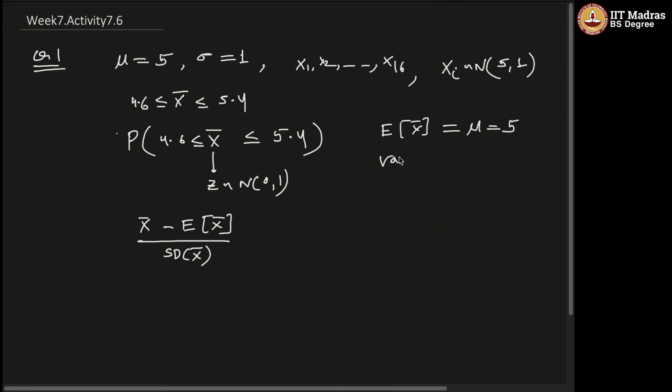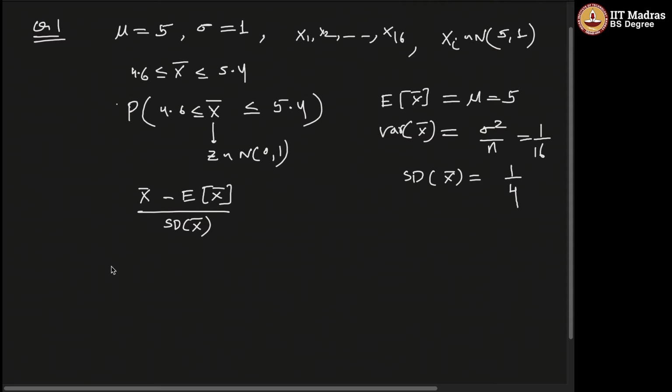The variance of x bar is sigma square by n, so in this case it will be 1 by 16. Since variance is 1 by 16, the standard deviation is the square root of this, which is 1 by 4. So we have all the information with us now.